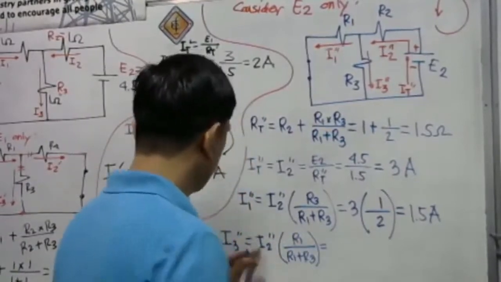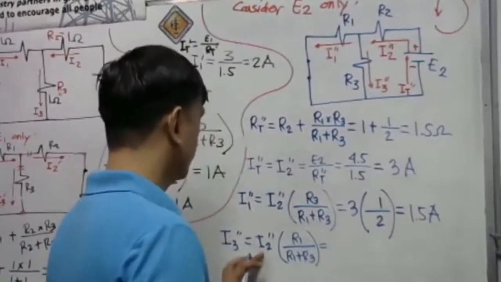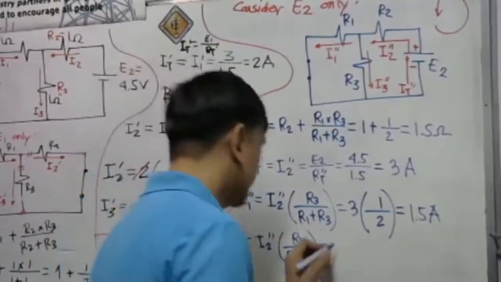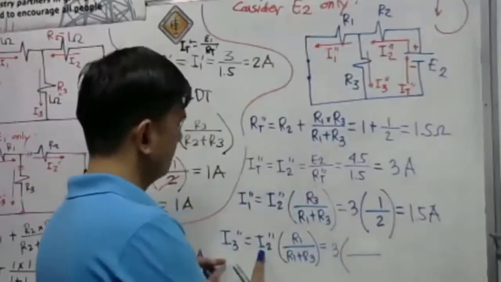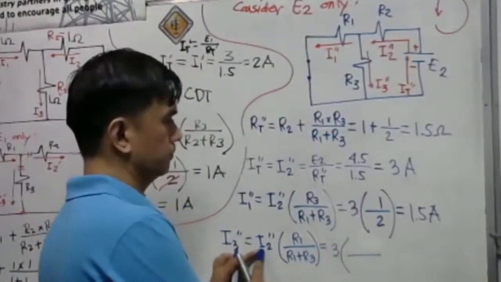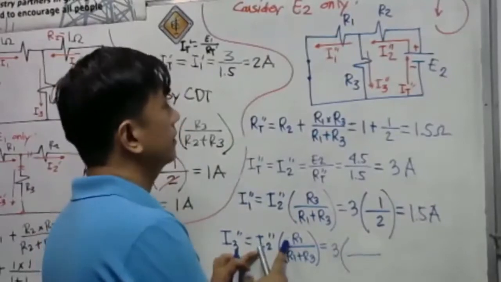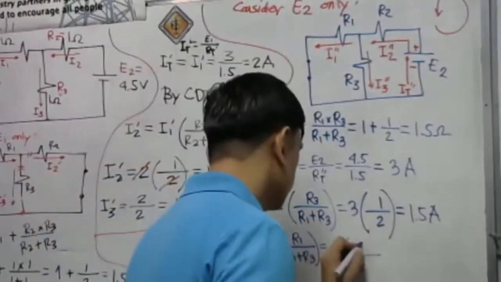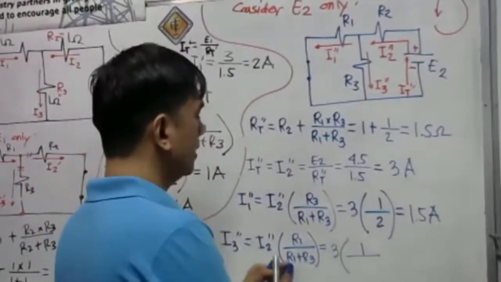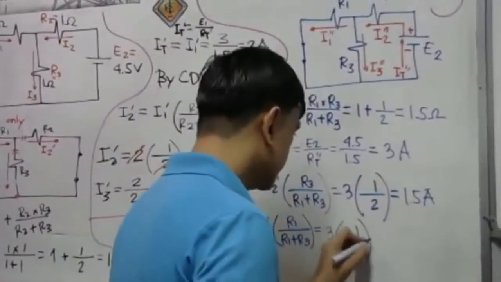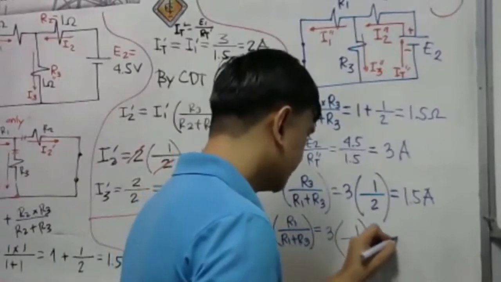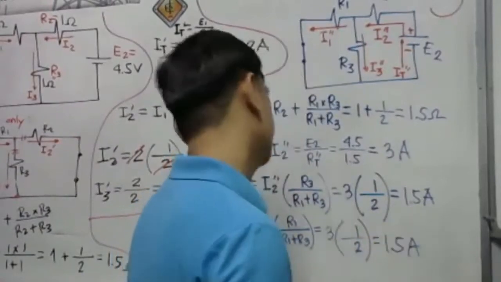So we'll be having here I2 double prime, which is 3 amperes, multiplied by R1, which is simply 1 ohm, over R1 plus R3, simply 2. Then again, this is also 1.5 amperes.